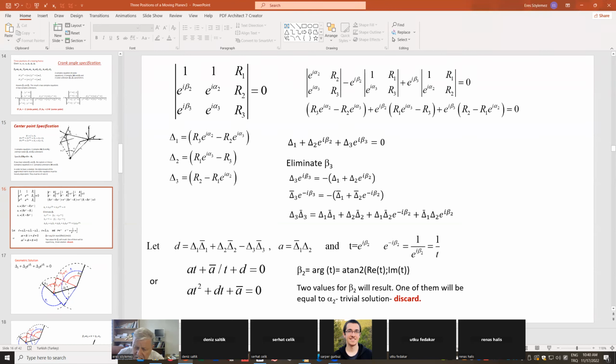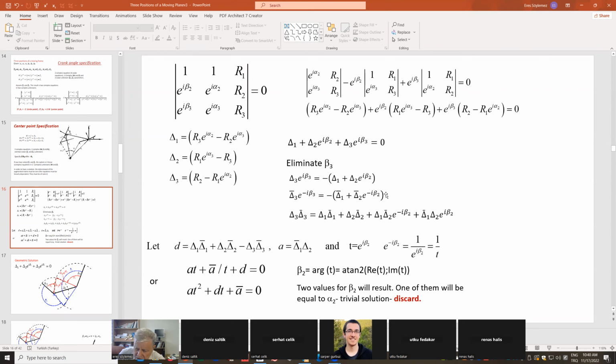And then I take the complex conjugate of this equation. In the complex plane, this equation and its complex conjugate are two independent equations. Instead of writing this equation in real and imaginary parts separately, when you are working in the complex plane, you take this equation and its complex conjugate as two independent equations.